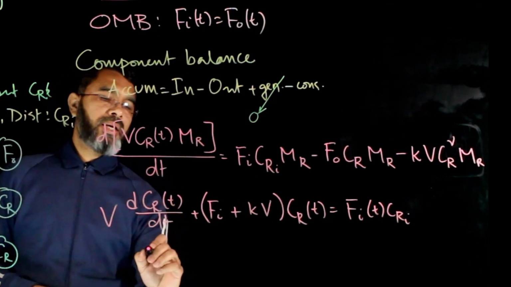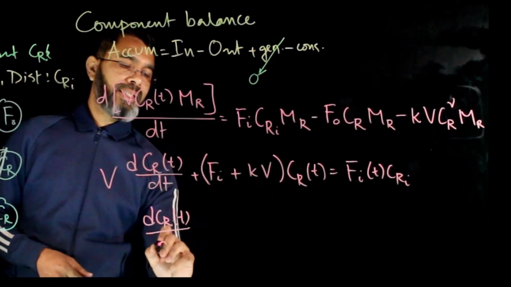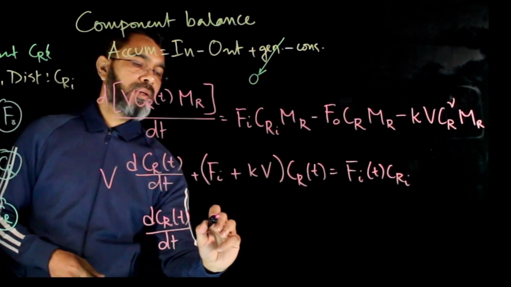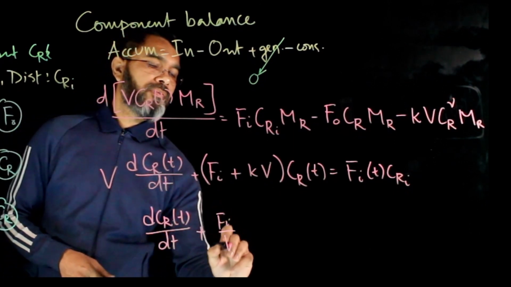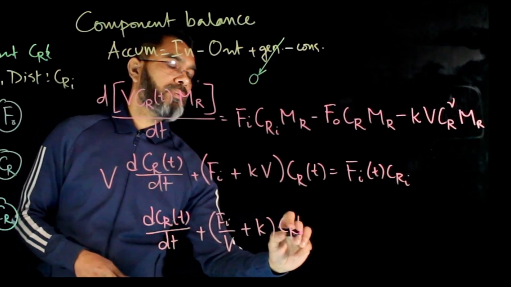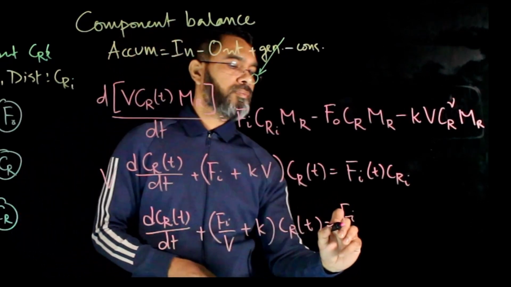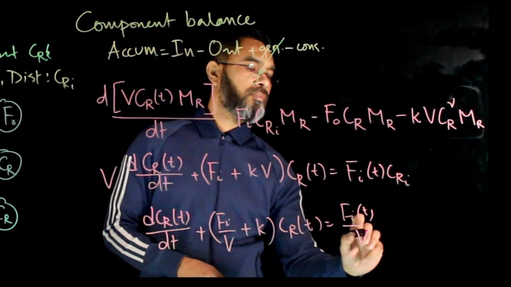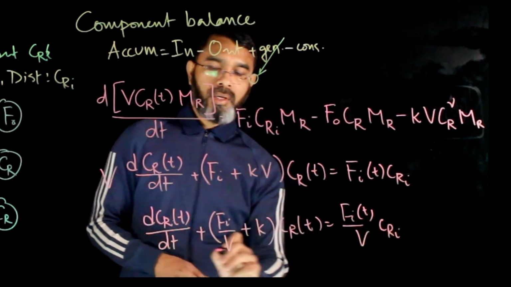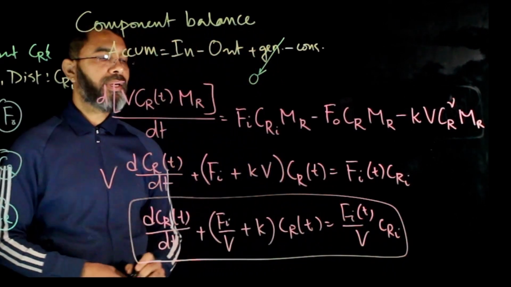Typically, this is written in a way dCR/dt plus Fi over V plus K times CR equals Fi CRi over V. So this is one of the typical forms that the equation is written as.